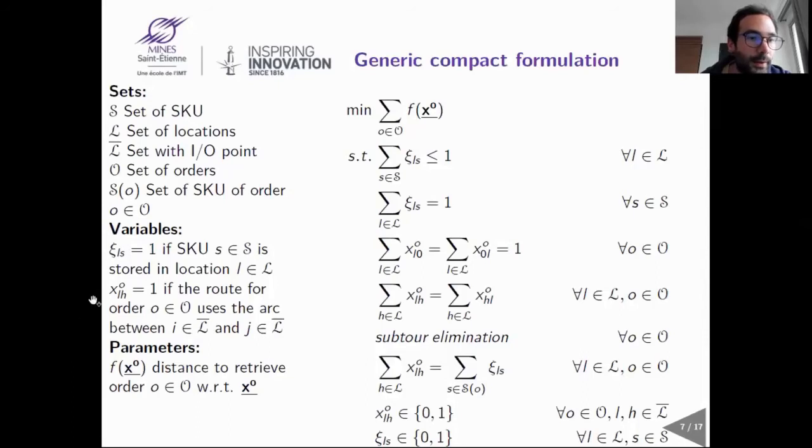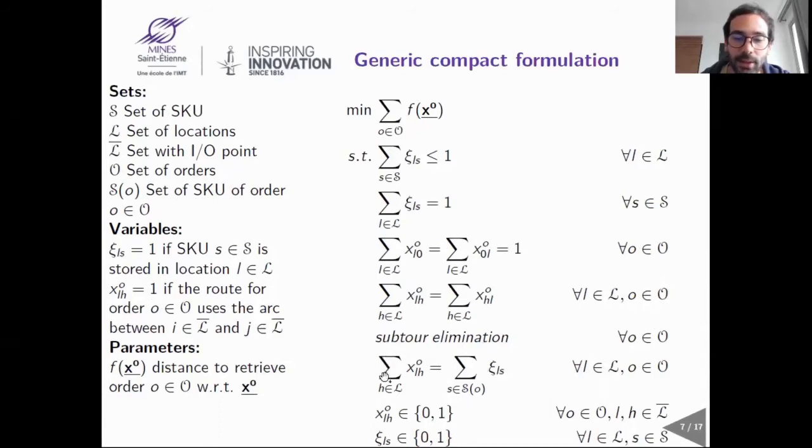Then there is the demand, the set of orders with, for each order, the set of items to retrieve. And for each order, there is a set of x variables that are the routing variables. They are classical arc routing variables with the classical set of routing constraints. So the x should form a valid tour, so we have the subtour elimination constraints and the flow conservation constraints.